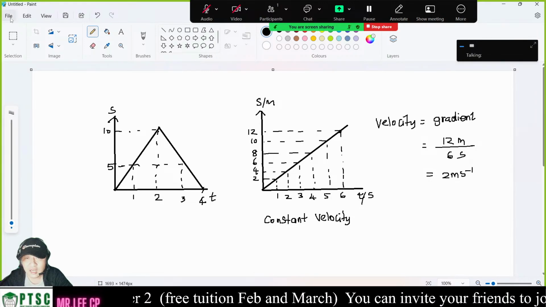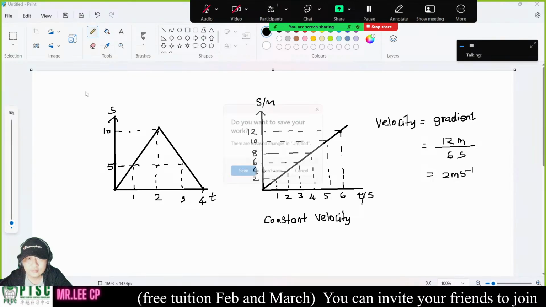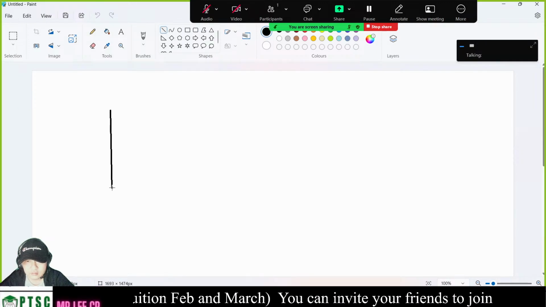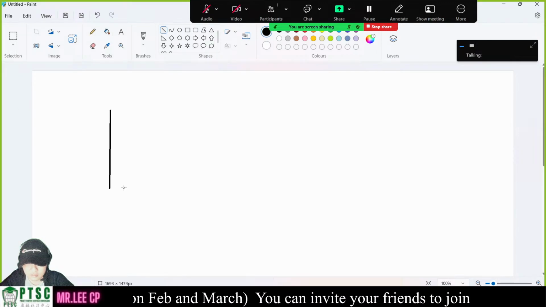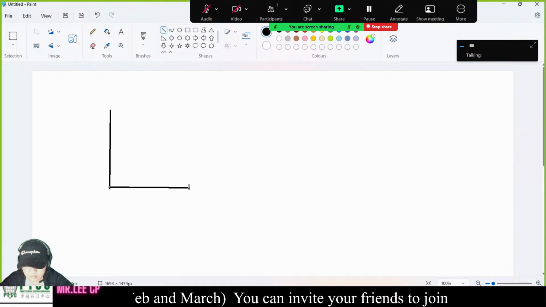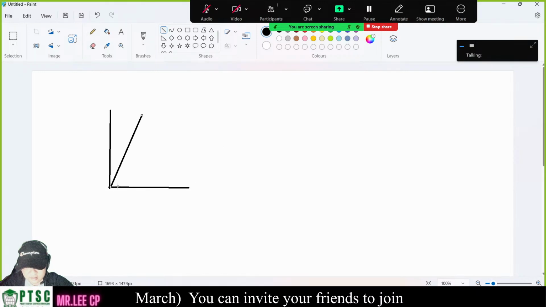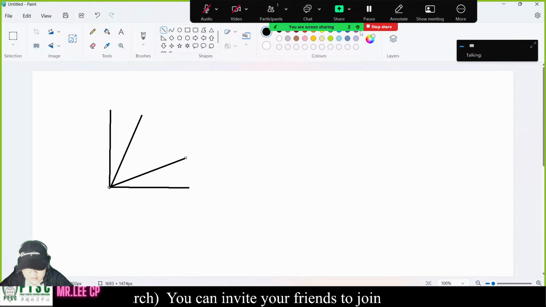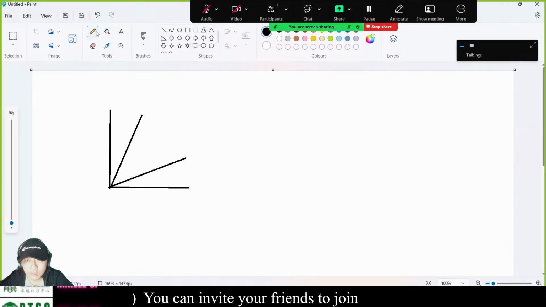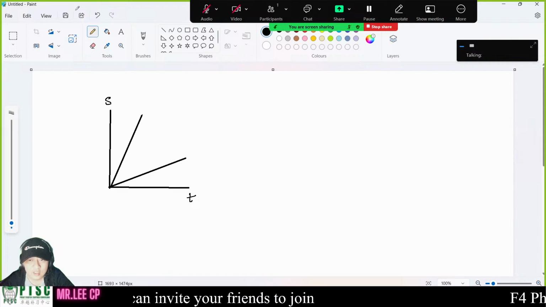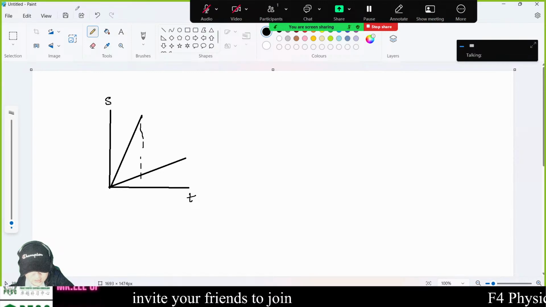Now here, I want you to see this. I got two graphs. One is like that, one is like that. So you see, this one, the gradient is high.